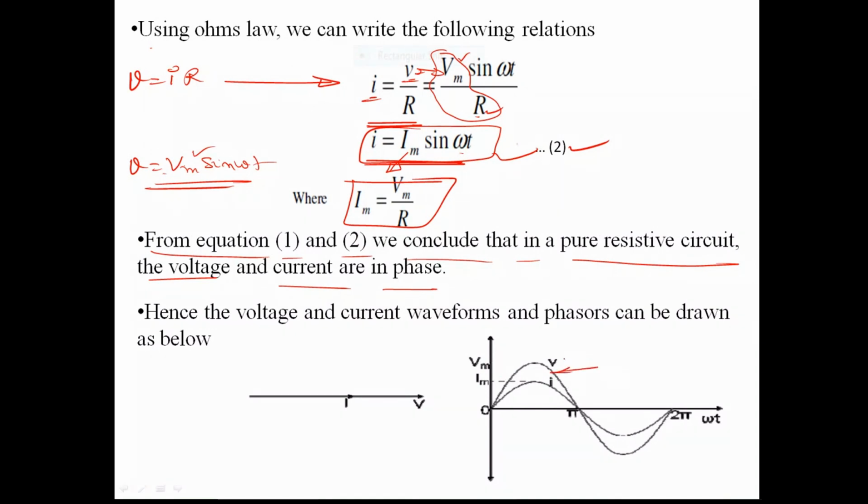This is the voltage waveform, V is equal to Vm sin omega t, and this is the current waveform, I is equal to Im sin omega t.